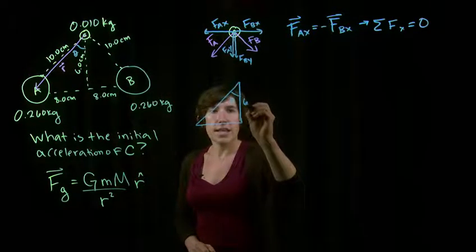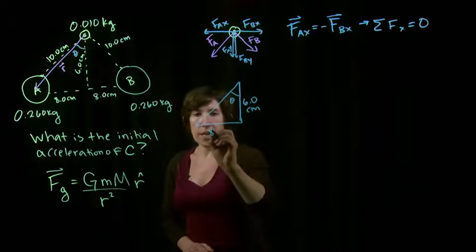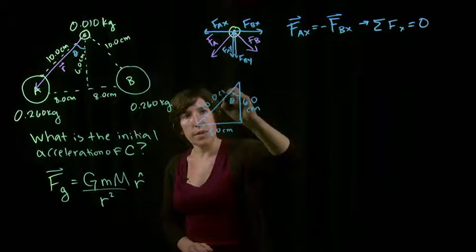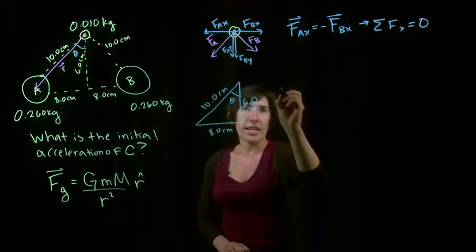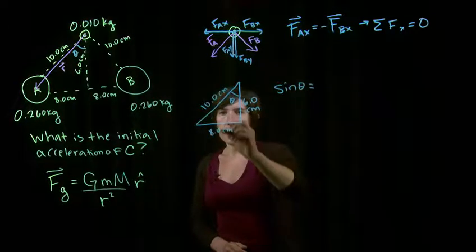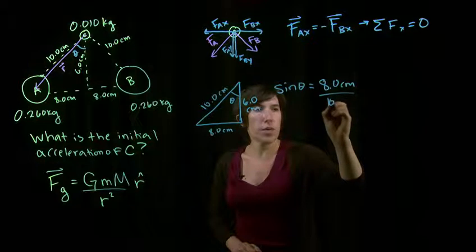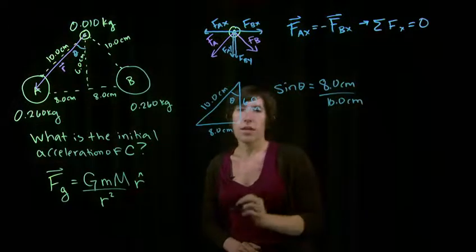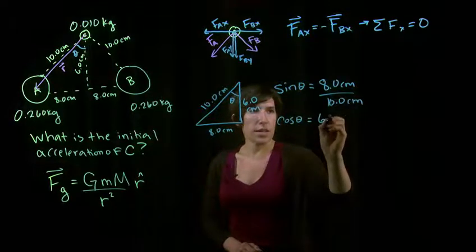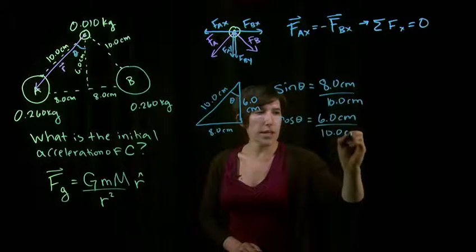If this is 6.0 centimeters, this is 8.0 centimeters, and this is 10.0 centimeters, then sine of theta is opposite over hypotenuse, so 8.0 centimeters over 10.0 centimeters. And cosine of theta is 6.0 centimeters over 10.0 centimeters.